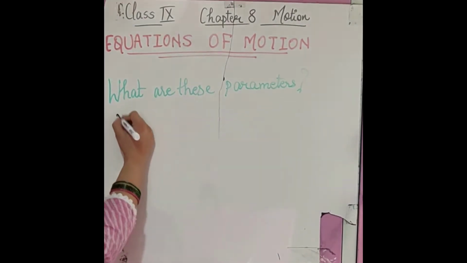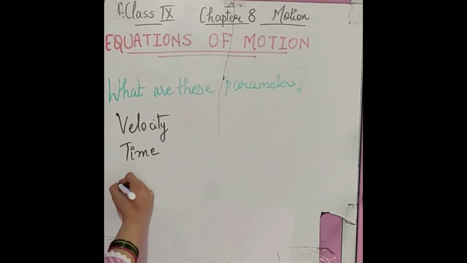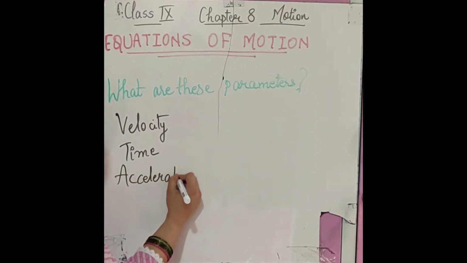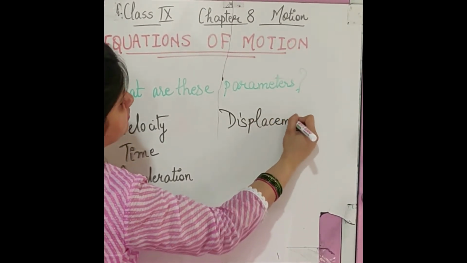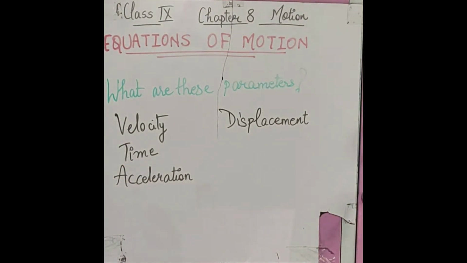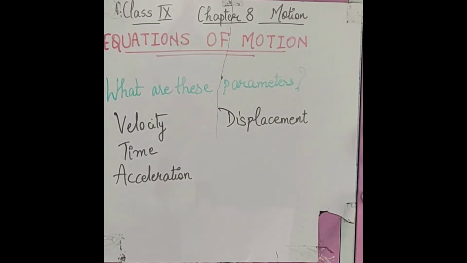So these parameters are velocity, time, acceleration and displacement. These 4 parameters are the ones you have already studied. Equations of motion relate these parameters to each other, right? So velocity, time, acceleration and displacement, these are the 4 parameters that are related by using equations of motion.